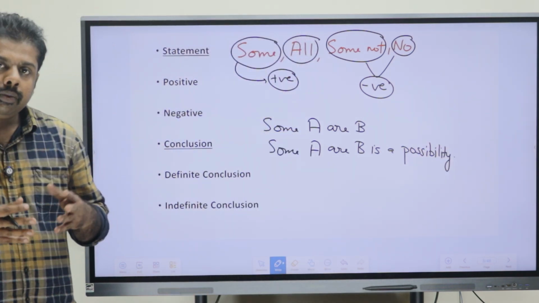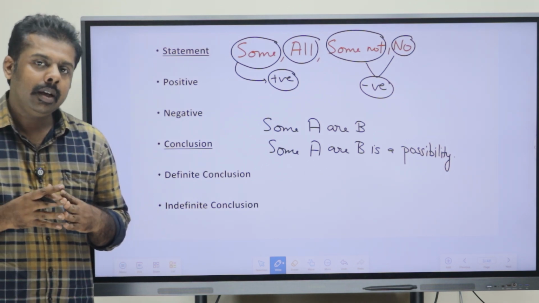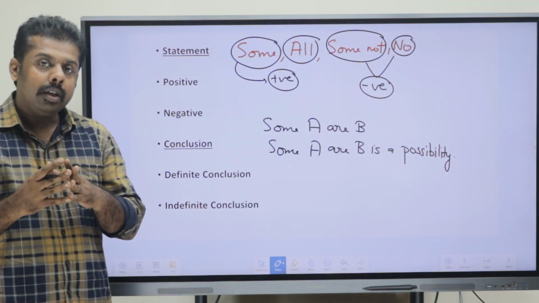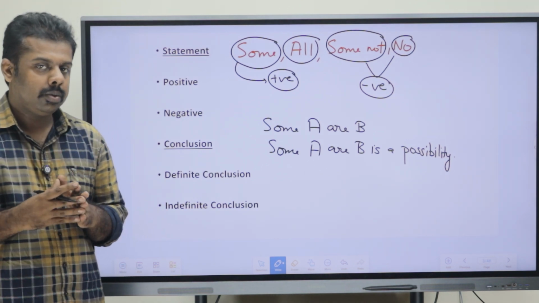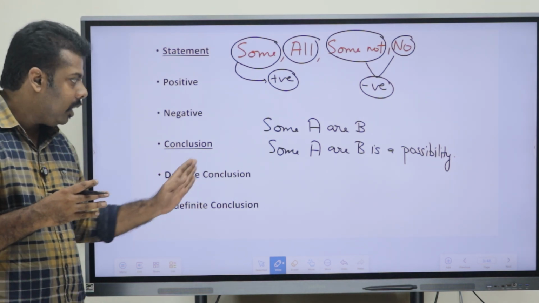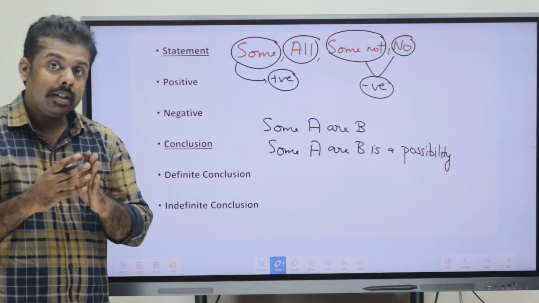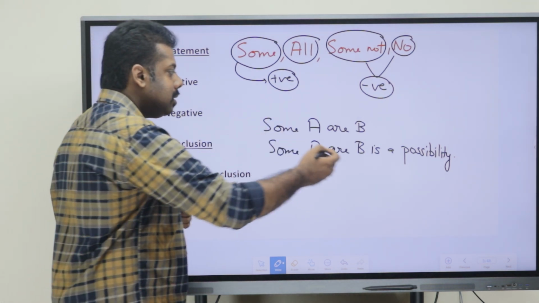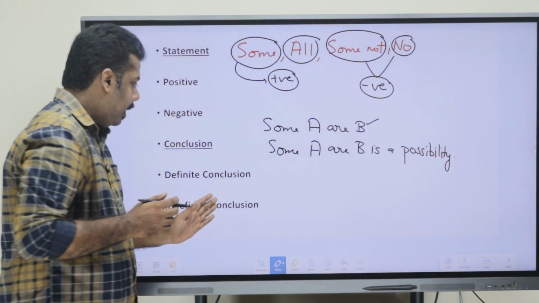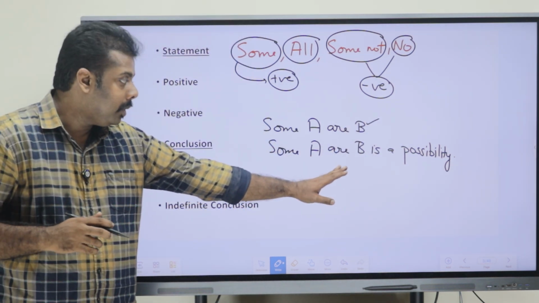Now from this, I think you can easily identify which is the definite conclusion and which is the indefinite conclusion. The first one, some A are B, is the definite conclusion, and the indefinite one is some A are B is a possibility.